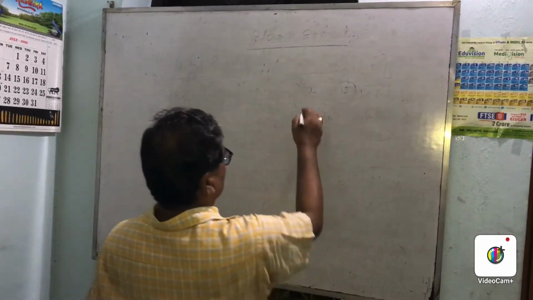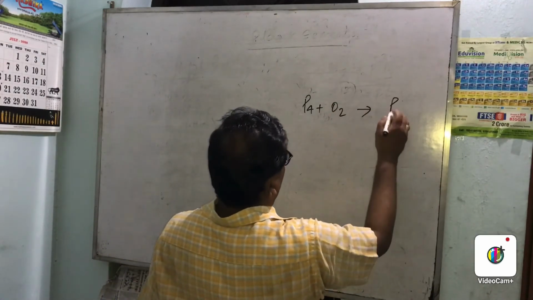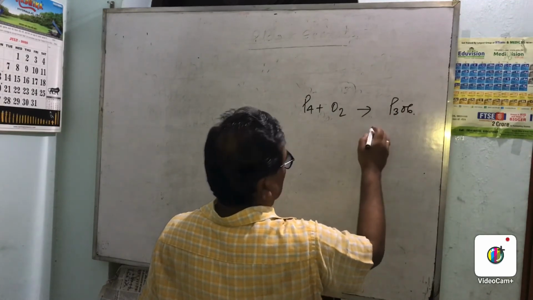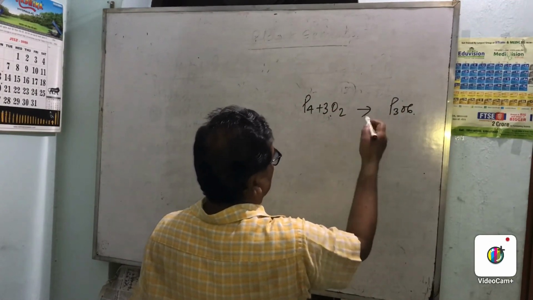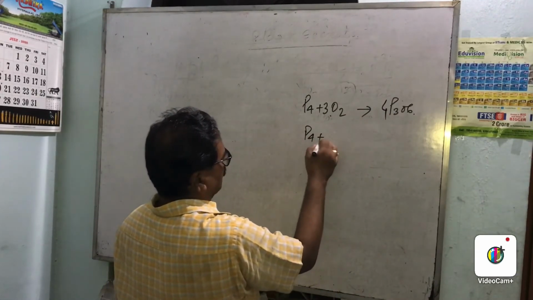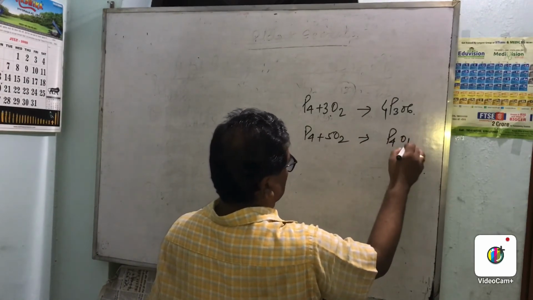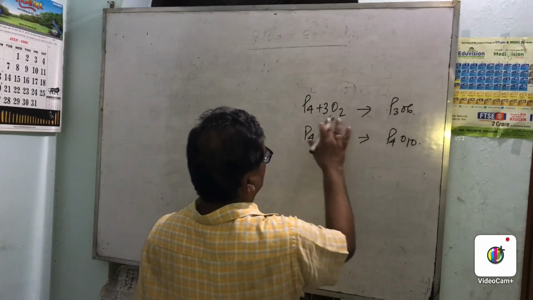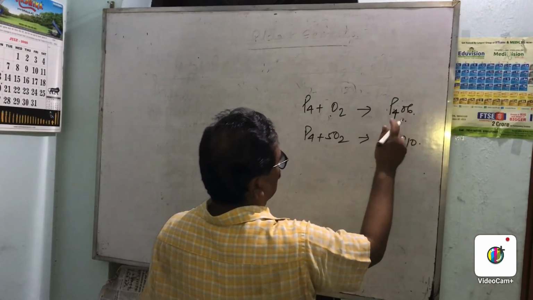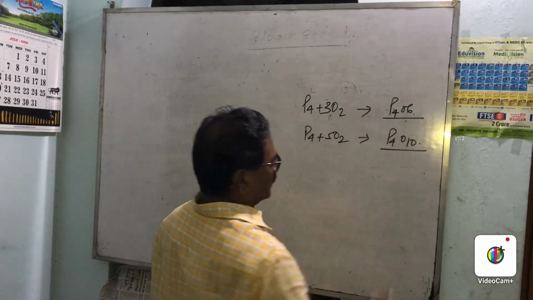Suppose P4 plus 3O2 gives P4O6, and P4 plus 5O2 gives P4O10. This is phosphorus trioxide, P4O6, and this is the pentoxide.